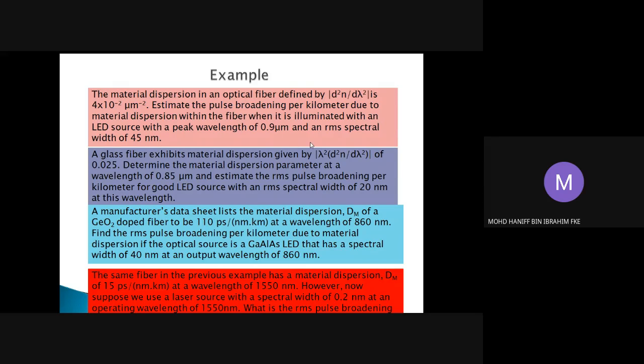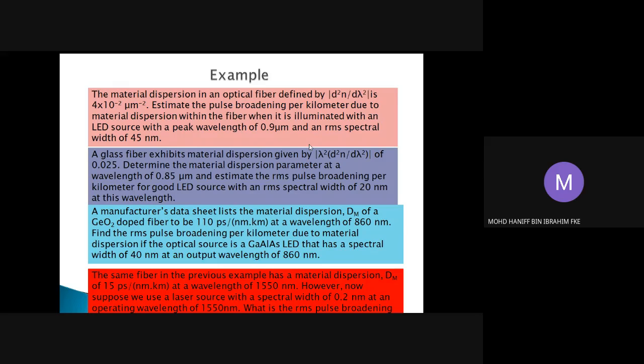As we have learned from the previous slides, there are two values for the pulse spreading due to material dispersion. The first one is when we consider the non-overlapping assumption, and the second one is due to the RMS, or statistical value, of your spectral width.